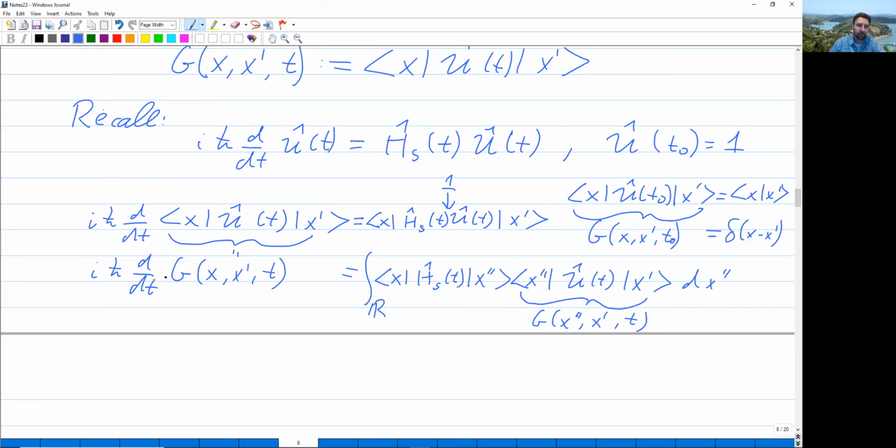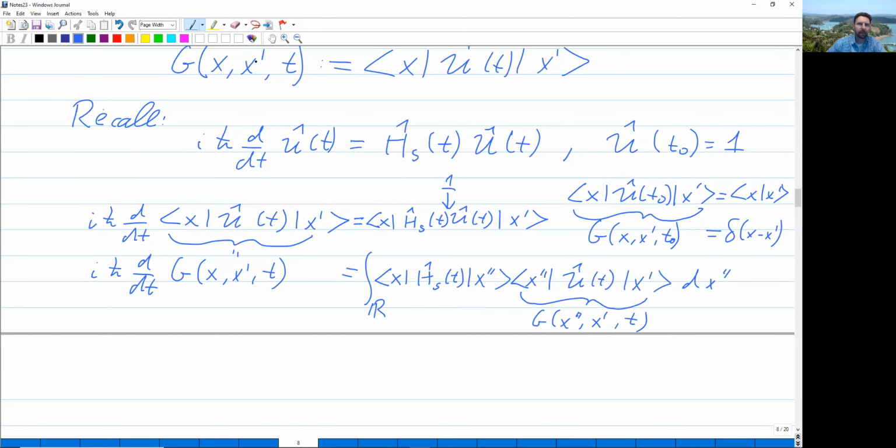The time derivative of the Green's function is equal to the integral over the matrix elements of the Hamiltonian, multiplying the Green's function, and then that's integrated up. If we had chosen not the continuous x basis, but if we had chosen instead some discrete basis, then this would be a matrix, and that would be a matrix. Okay.